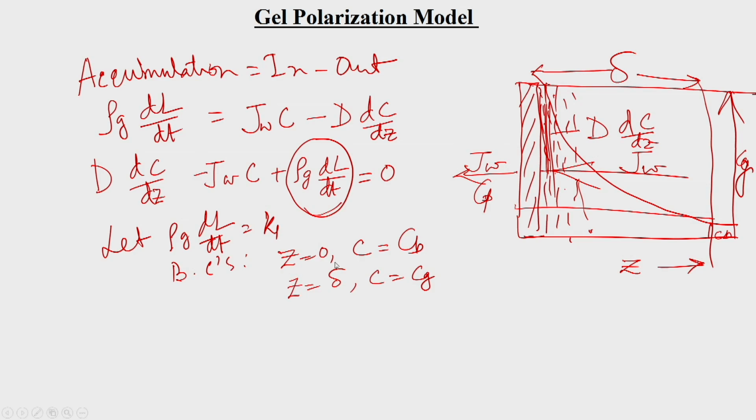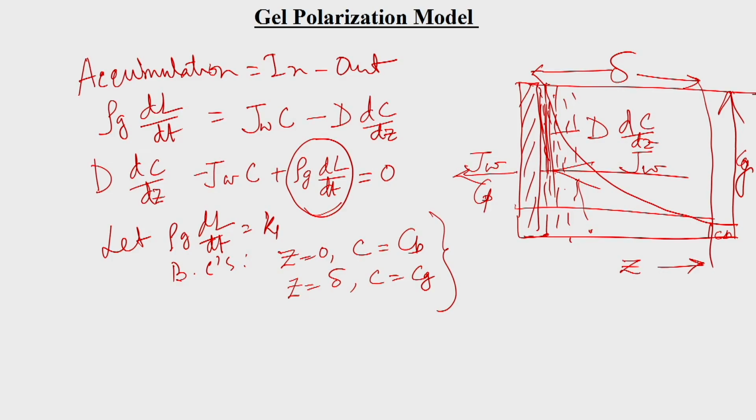Here we have taken z in the opposite direction compared to the osmotic pressure model. In that case we assumed that z was 0 at the membrane, where the concentration was the solute concentration. That notation is reversed here. We can assume the same thing also, but for simplicity we have assumed these boundary conditions; the reverse also can be true.